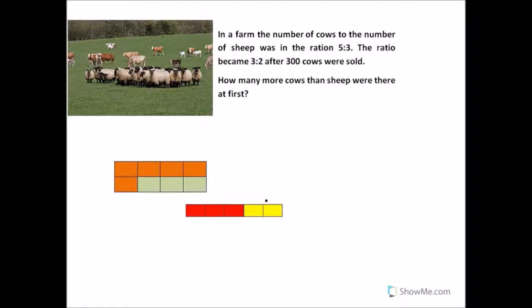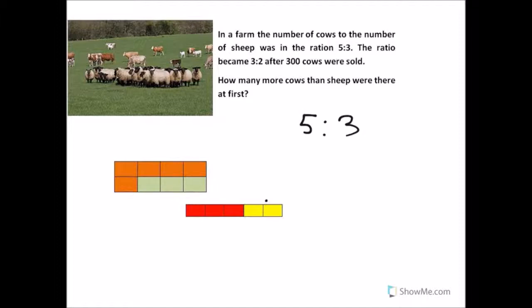So, initially, if we divide the total number of cows and sheep in the farm into 8 parts, because they are in the ratio of 5:3.